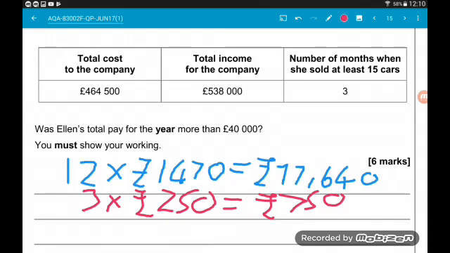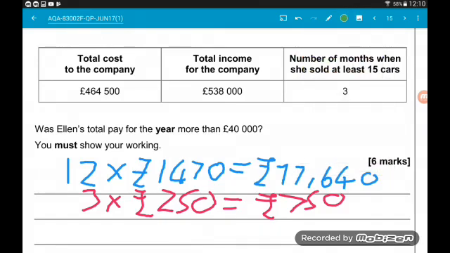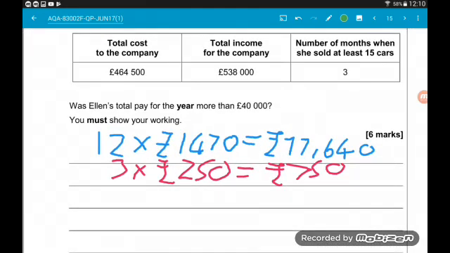And now for the tricky bit, she gets 28% of the profit that she makes for the company. So we need to work out the profit and then work out 28% of the profit. So remember, profit is the amount the company makes. So it's the difference between the total amount that they make and the cost to the company.